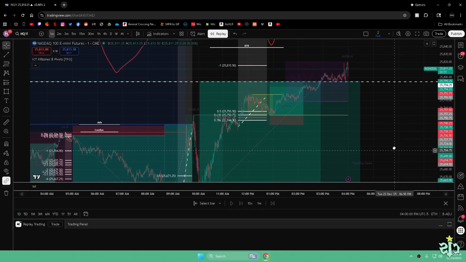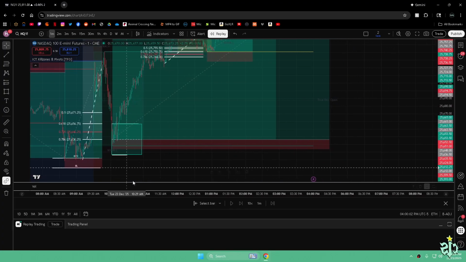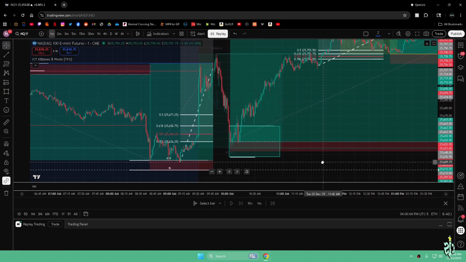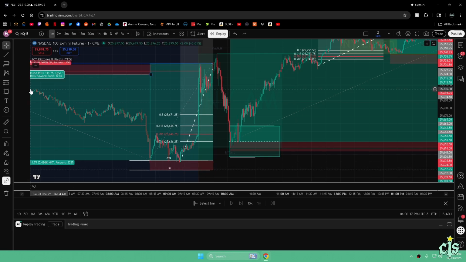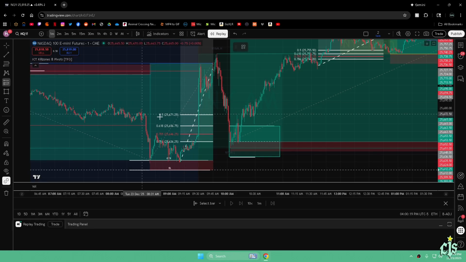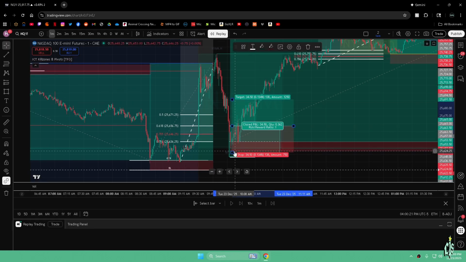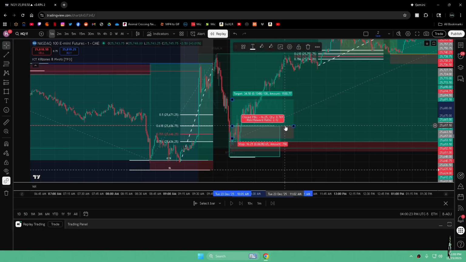And boom, right? Now, looking back at this range, you see how I made two different imbalance points and our OTE range, right? So say you would get into a long here, you'd probably get stopped out, right?